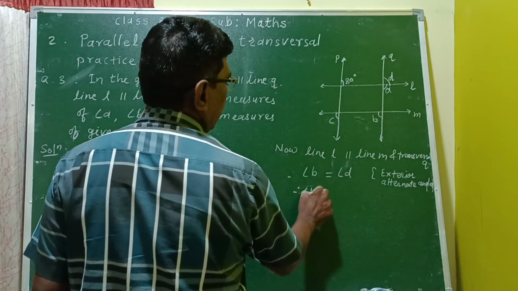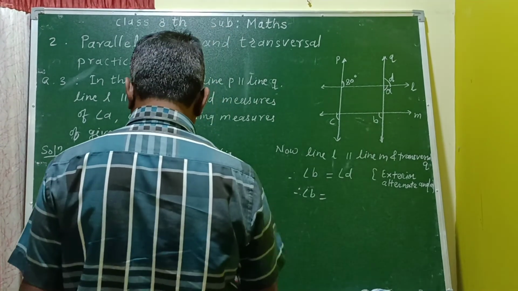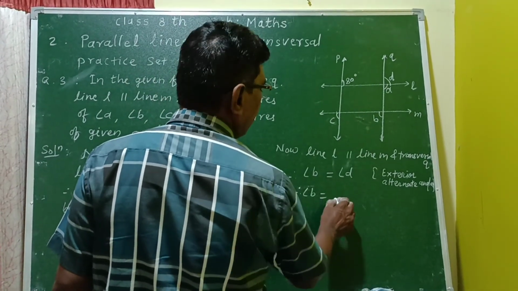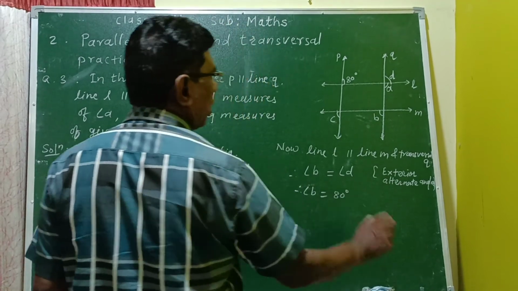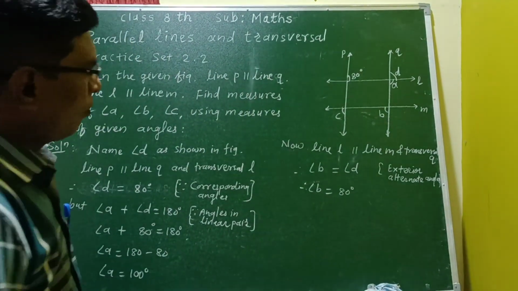Therefore, angle B is equal to the measure of D, which is 80 degrees. Therefore, B is equal to 80 degrees.